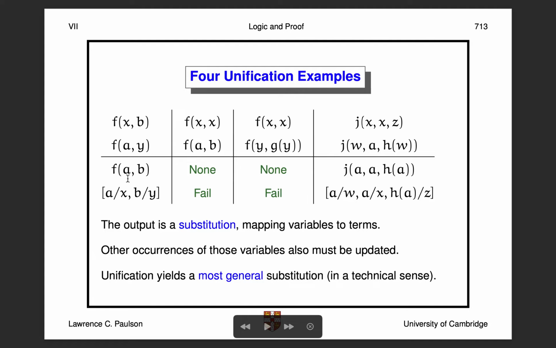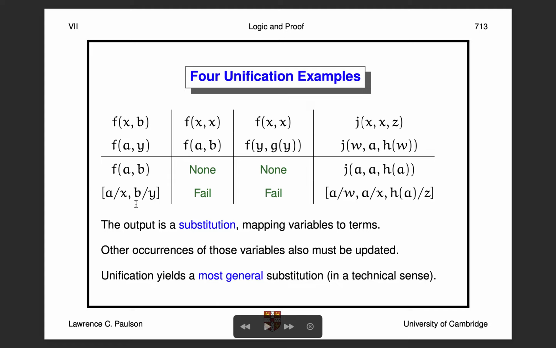Bingo, we have made the 2 terms the same as f a b. The crucial thing here, in fact, is not simply that they can be made the same, but that we remember how it was done. So we return from it a substitution saying x has been replaced by a, y has been replaced by b.